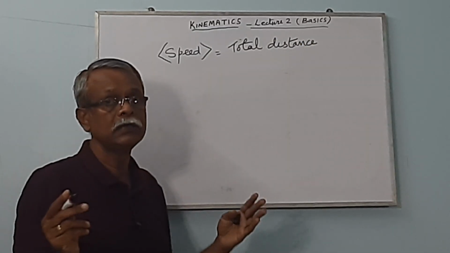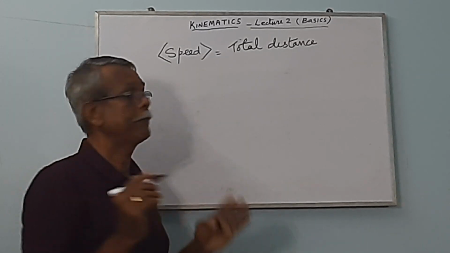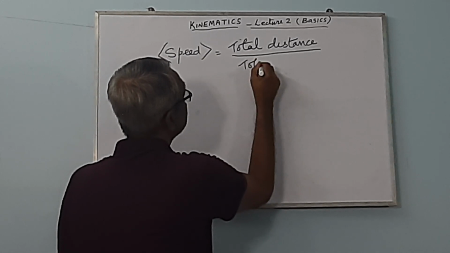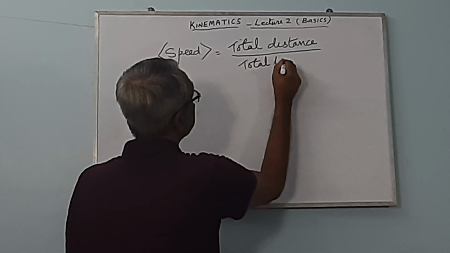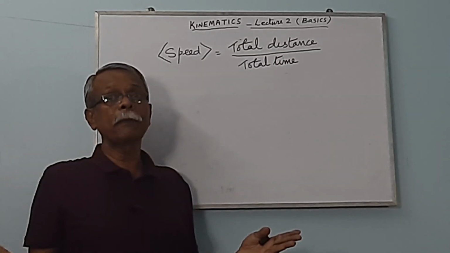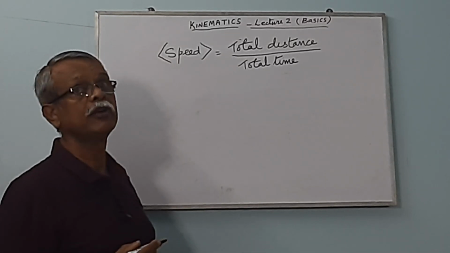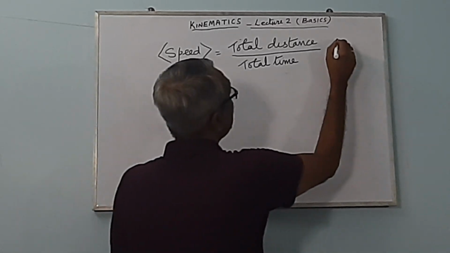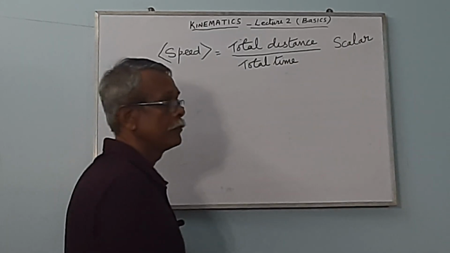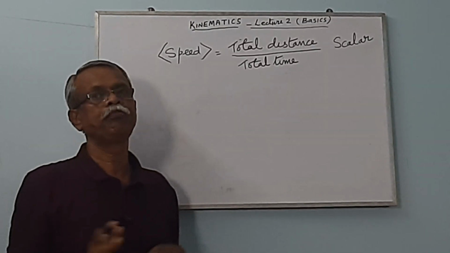Total path length, total means the path length corresponding to a given duration, divided by total time. Total time means the given duration. If you replace displacement by path length or distance, we will get the average speed. And distance is a scalar, therefore this will be a scalar. The unit and dimension of both speed and velocity are the same.